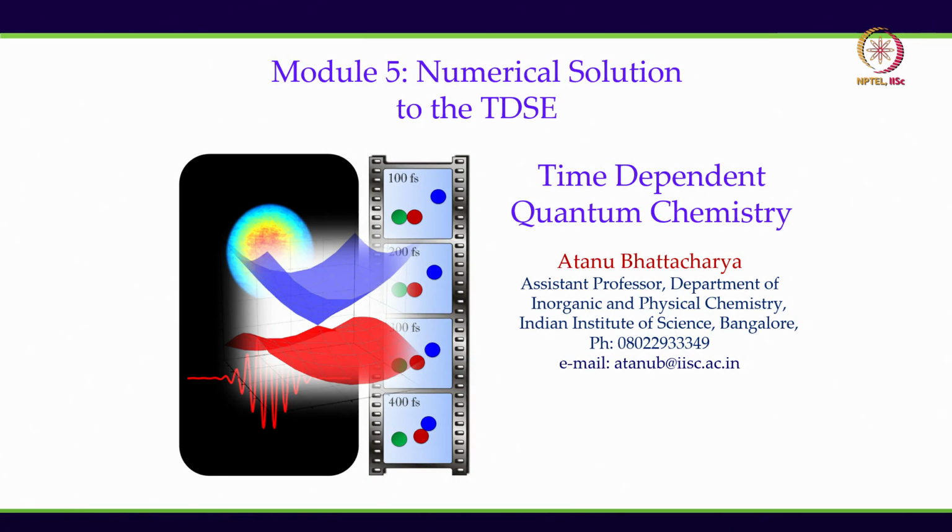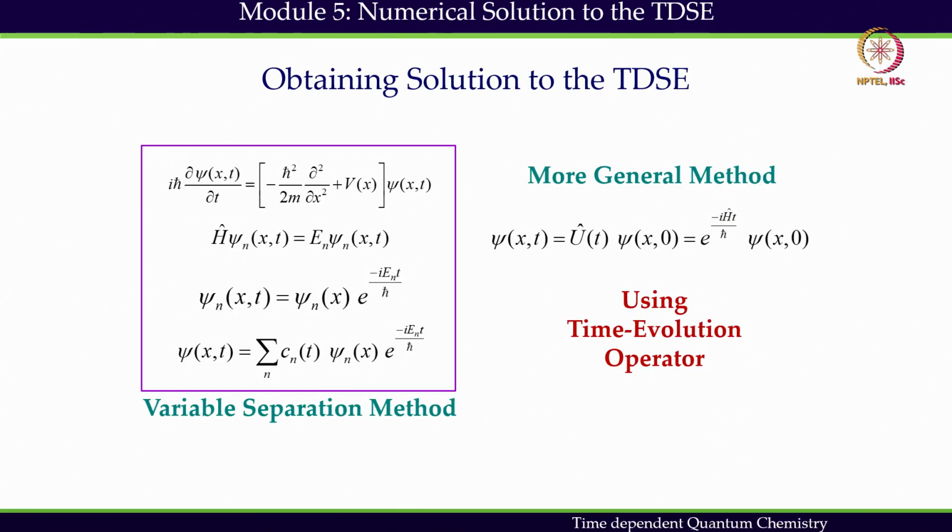Now, we have already understood in the first module the case when a potential does not have any explicit dependence on time, and that is the way we have been assuming.